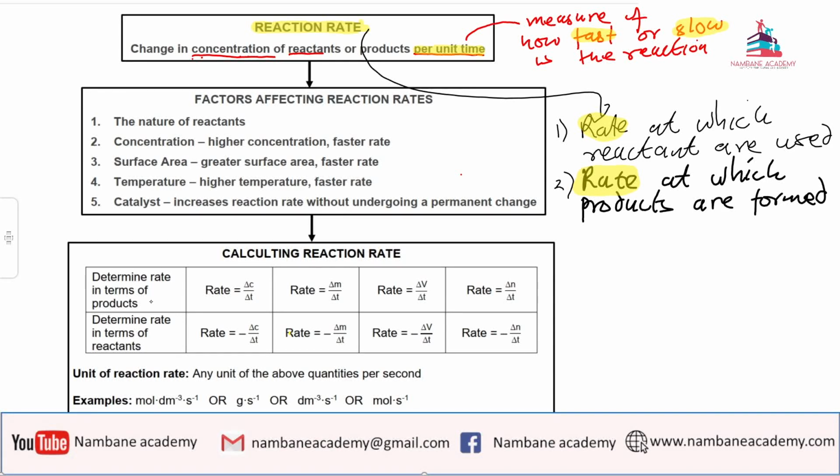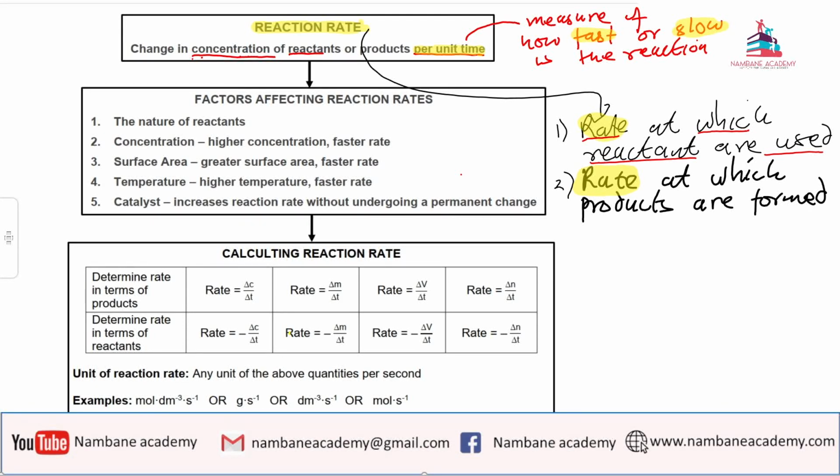If you are going to give a definition using rate at which reactants are used, it is important that you do not have the word rate and per unit time at the same time. So if you are going to give a definition in terms of rate, just start by saying rate at which reactants are used, rate at which products are formed.